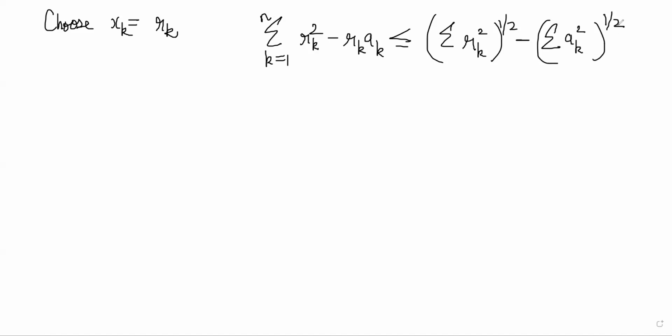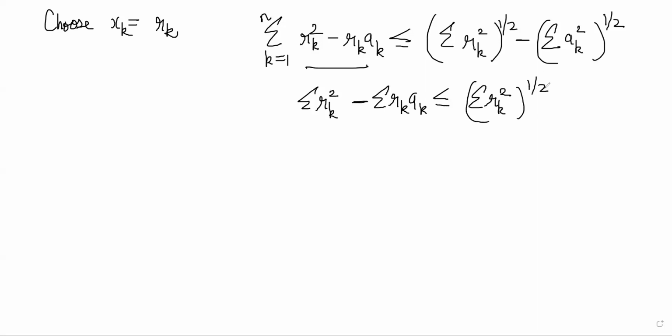Now we'll split this one into two separate terms, summation rk square minus summation rk ak less than equal to summation rk square power half minus summation ak square power half. And now we know that this quantity is equal to this quantity, right? We have already shown this before. The summation of rk ak is equal to summation ak square power half, right?